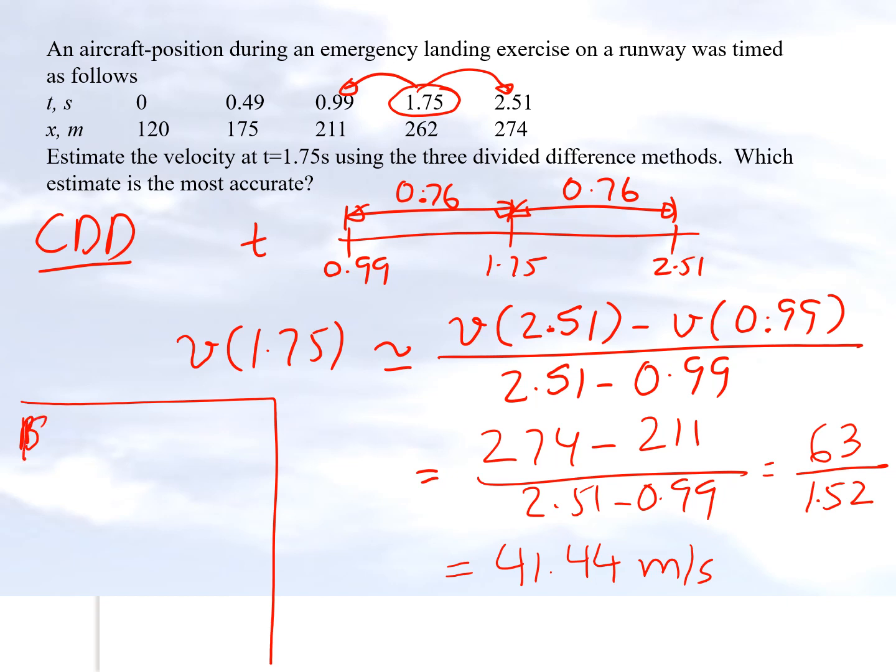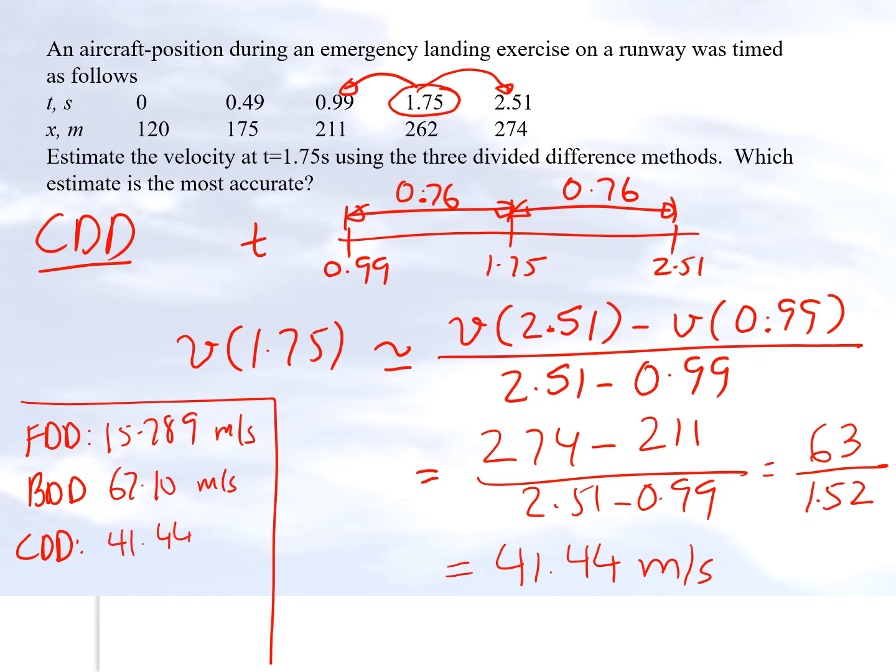If you look at the three values we have got from the forward, backward, and central divided difference schemes for the velocity, I'm just going to write those down. We got 15.789, we got 67.10 meters per second here, and we got 41.44 meters per second here. What you're seeing here is that this is of the order of accuracy of h, the step size.